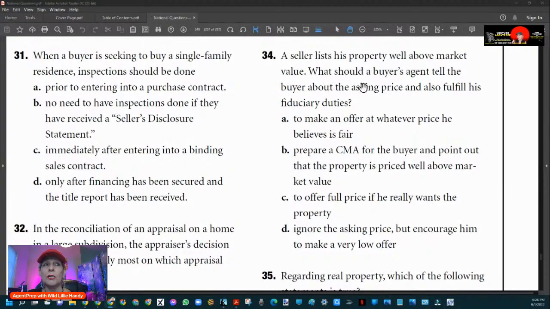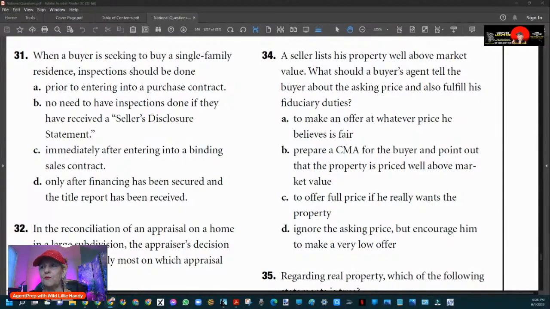A, to make an offer at whatever price he believes is fair. B, prepare a CMA for the buyers and point out that the property is priced well above market value. C, to offer full price if he really wants the property. Or D, ignore the asking price but encourage him to make a very low ball offer.